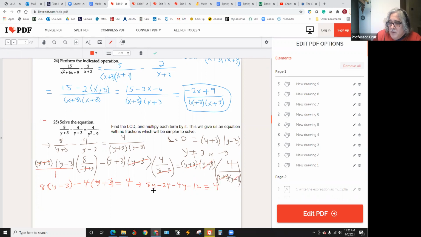All right, so 8y minus 4y is 4y. And -24 and -12 is -36 is equal to 4. And you see that? You got an equation, which has no fractions, which is a lot easier to work with.